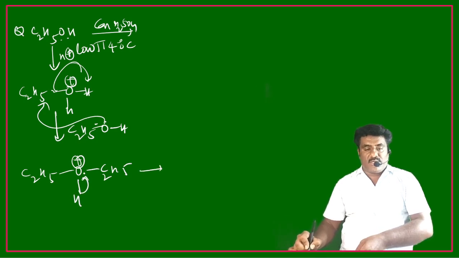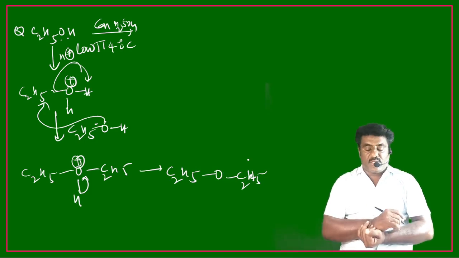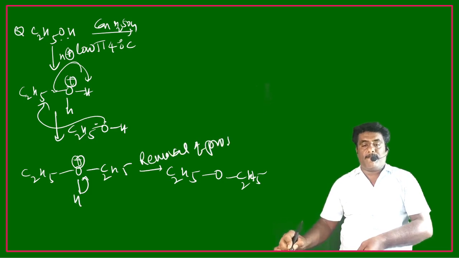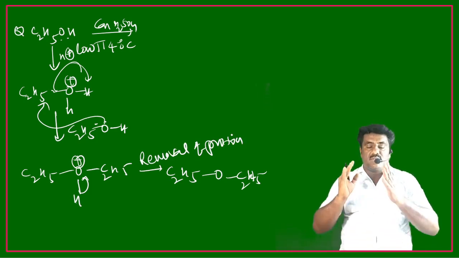Oxygen is unstable, so it loses hydrogen as H plus, to form C2H5OC2H5. It is an ether. Here, deprotonation, removal of proton, occurs. This is the dehydration of alcohol, the first method.